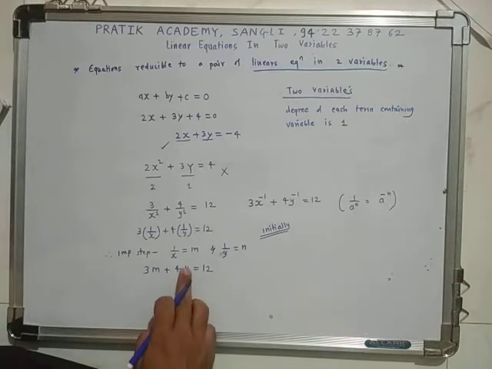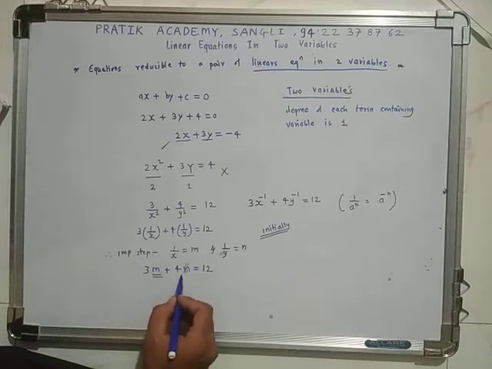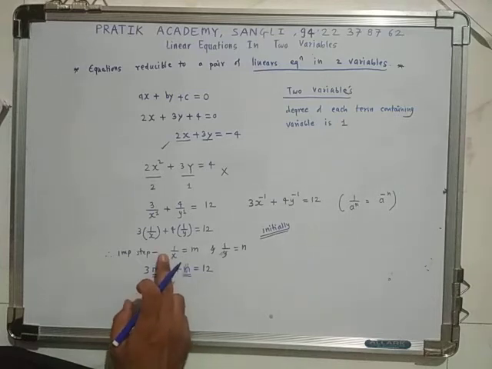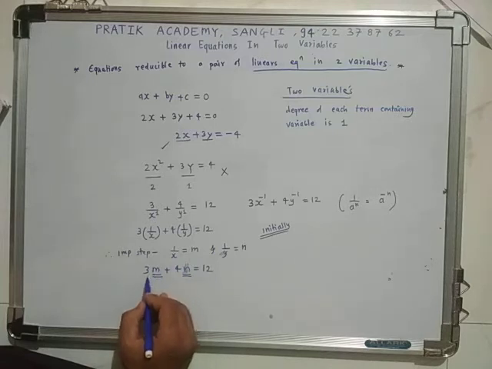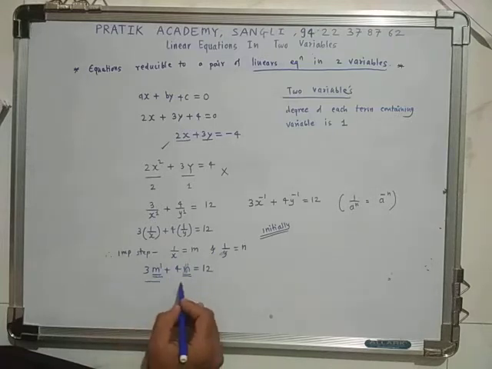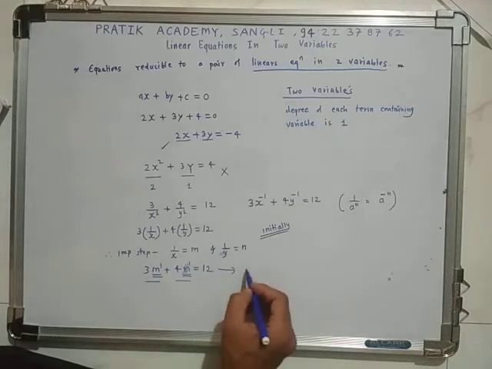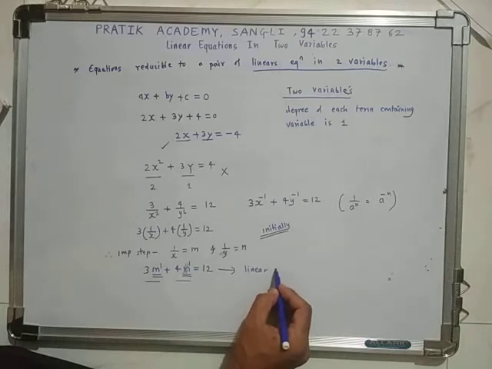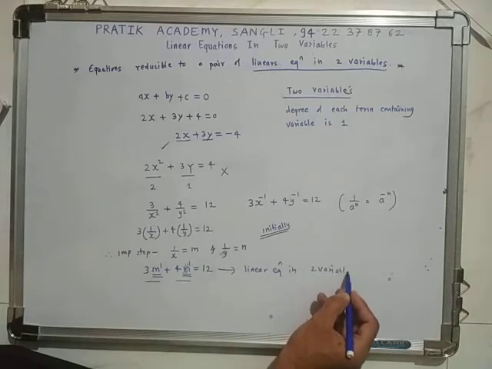Now if you look at this equation, it contains two variables m and n. Instead of x and y, we now have variables m and n, and the degree of this term is 1, the degree of this term is 1. Now this becomes our linear equation in two variables.